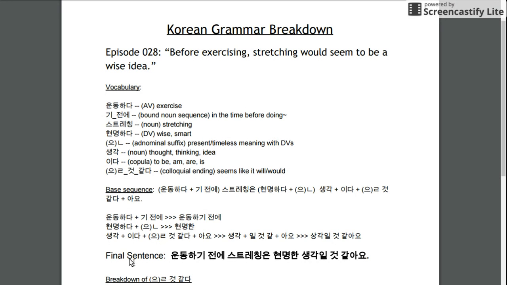So our final sentence: Undong hagi jane, stretching un, hyunmyoung han, sengak il got gatayo. For exercising, stretching would seem to be a wise idea. Okay, il got gata. Okay.